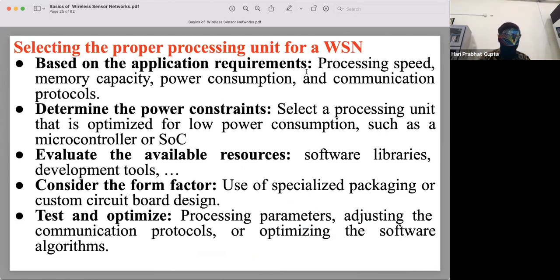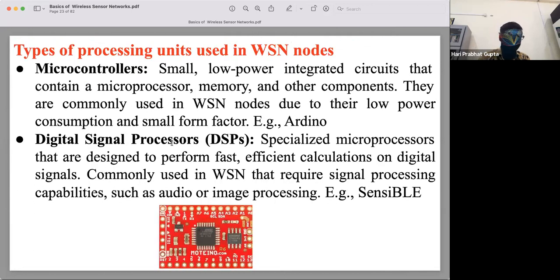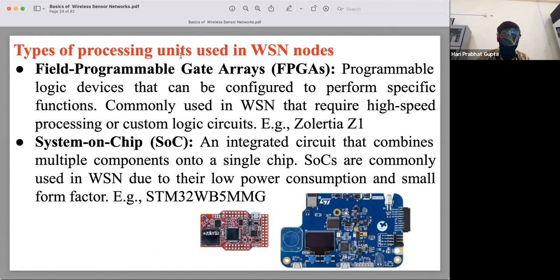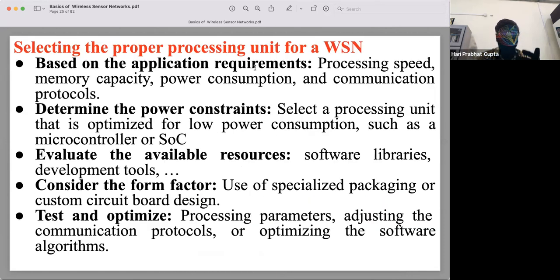What application is there? Another is the processing speed. If you need high processing, definitely you need to go to the higher range. And you need memory, power consumption, or signal processing and other things. If you require signal processing, then definitely you need to go to the digital signal processors, not the microcontroller. So this depends on your application requirement. Based on that, you can select the unit.